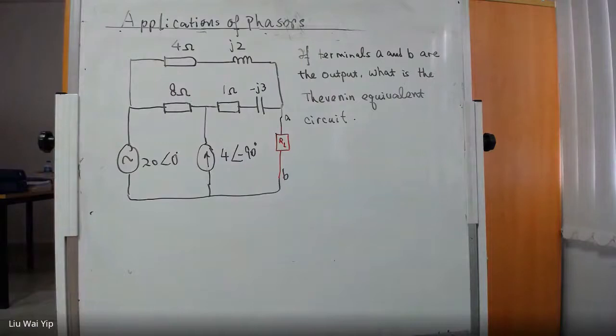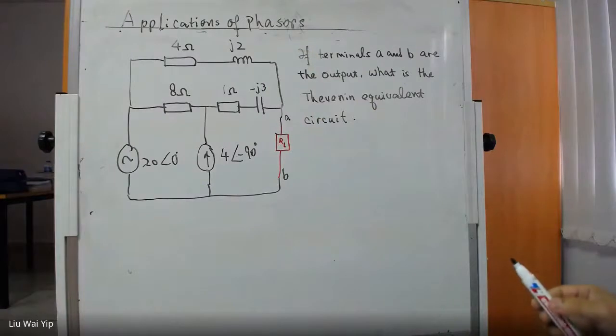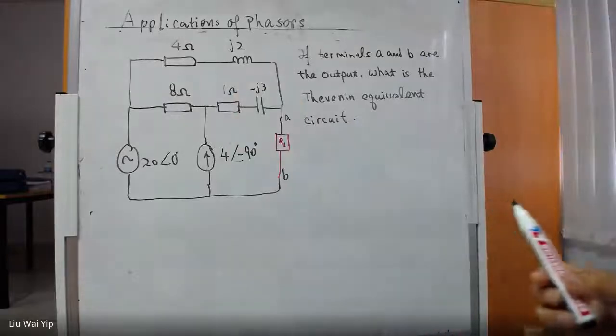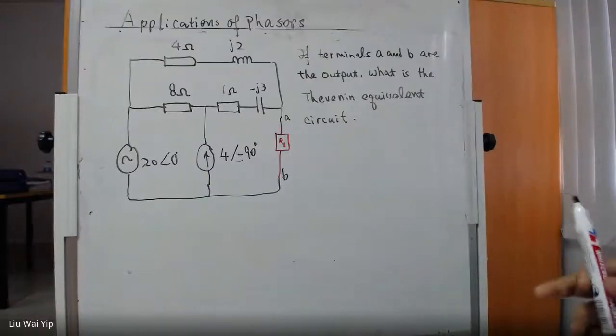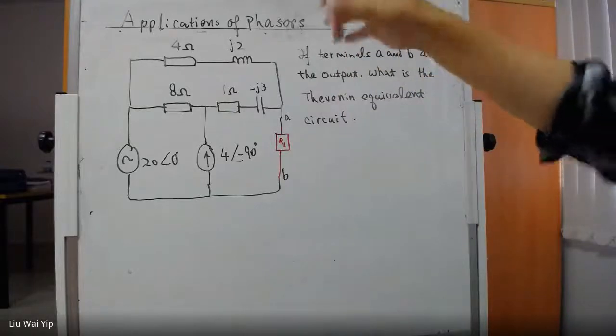Just like any other AC circuit, we have capacitors and inductors. We also have an AC voltage source and a current source. And our job is to find the Thevenin equivalent circuit for this circuit.